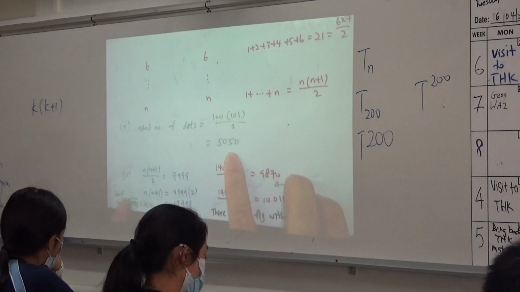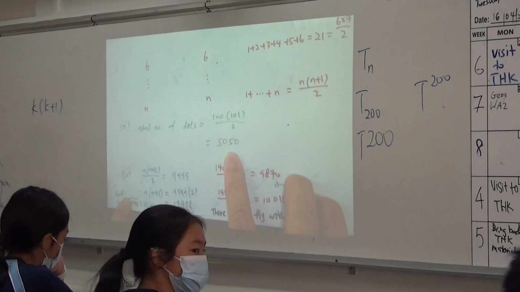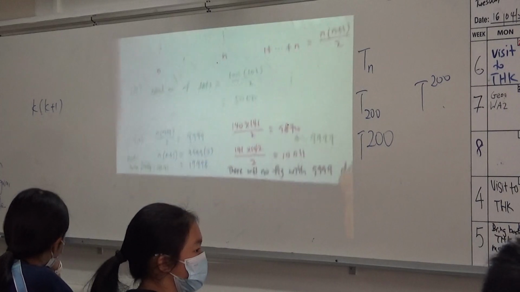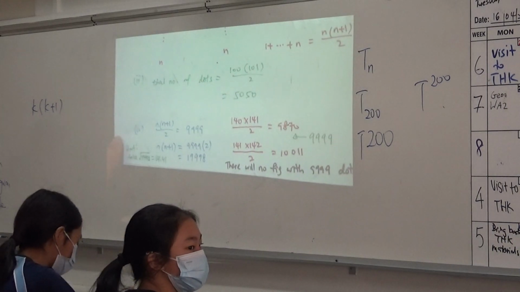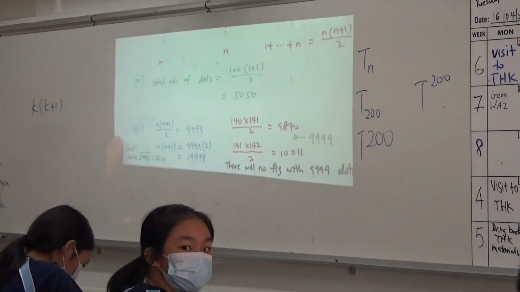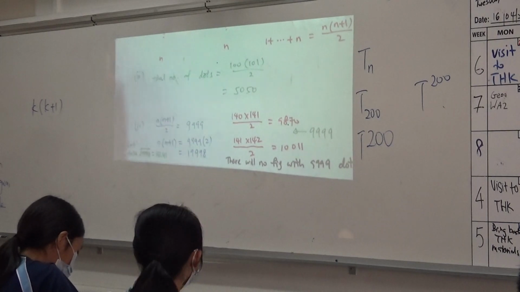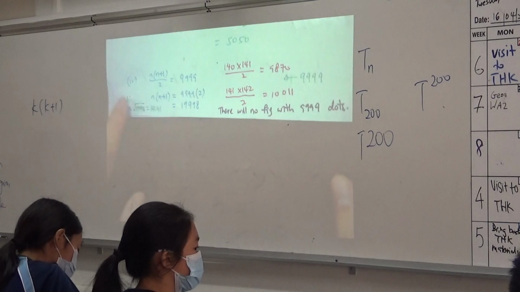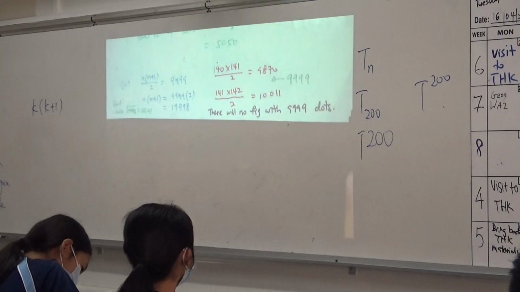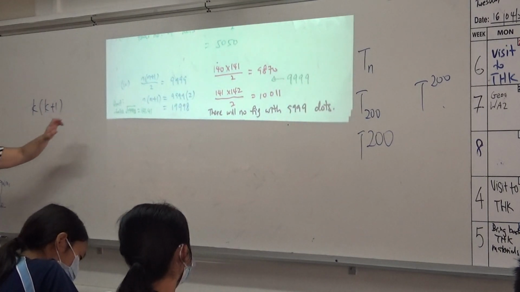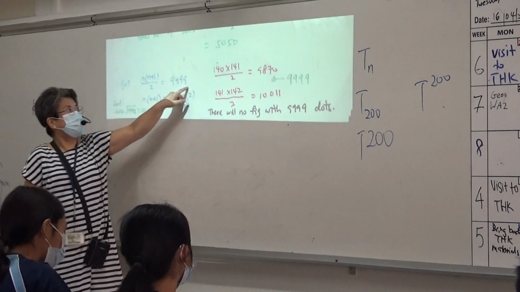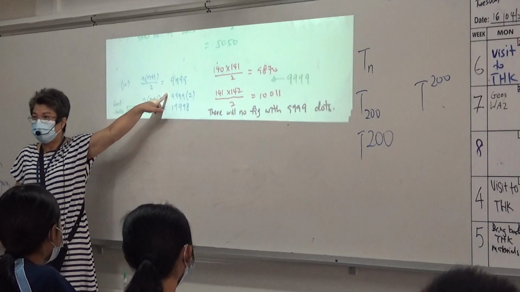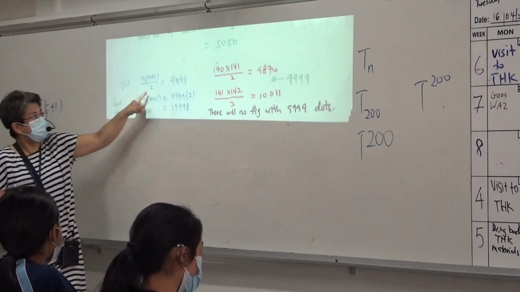Now, part 4. Will there be a figure with 9999 dots? Okay, now this one is a bit difficult to solve. Now I'm going to show you something. Okay, all of you look up here. Don't do first. Do you agree that if you have 9999 dots, and I leave this here, I must times 2, right?